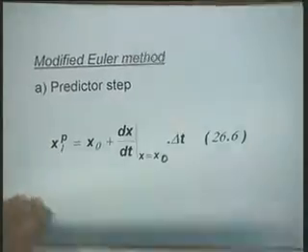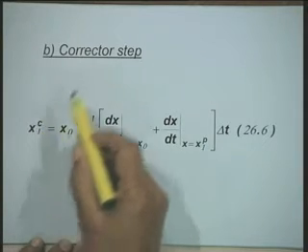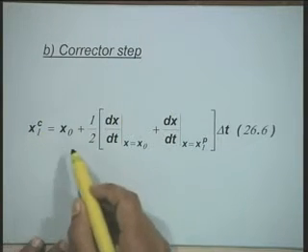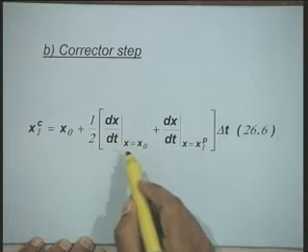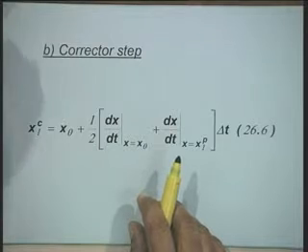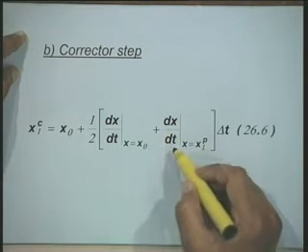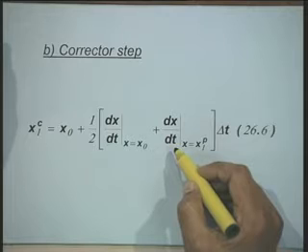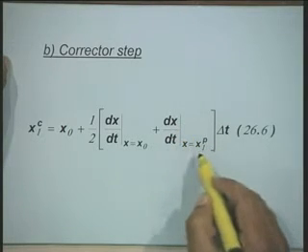Therefore, the algorithm will go like this: x1c is called corrector step, x1c is equal to x naught plus 1 by 2 dx by dt at x equal to x naught, that is what we have already done. Find the derivative at x equal to x naught. Then you find out the derivative of this function, dx by dt at x equal to x1p.